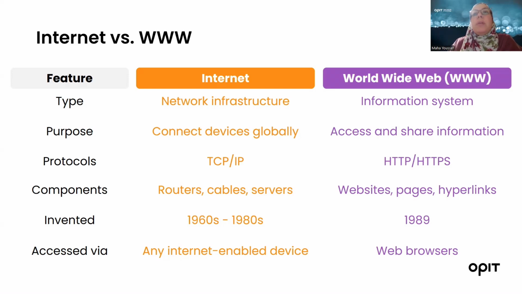The internet was invented between the 1960s and 1980s, as we discussed in the first week, while the World Wide Web was invented in 1989, a long time after the internet started, because it is just one of the surfaces of the internet. The internet is accessed via any internet-enabled device, but the WWW is only accessed via web browsers like Chrome and Firefox.